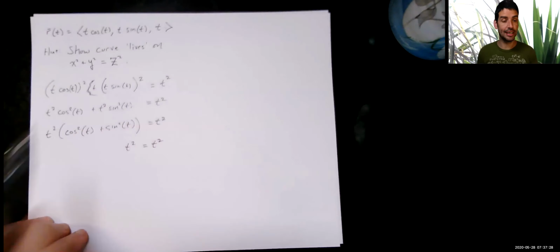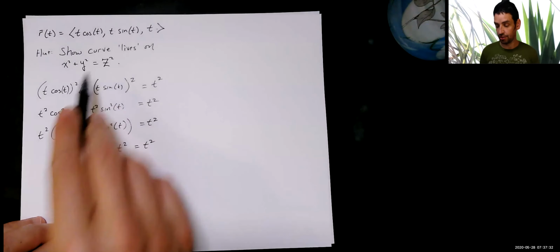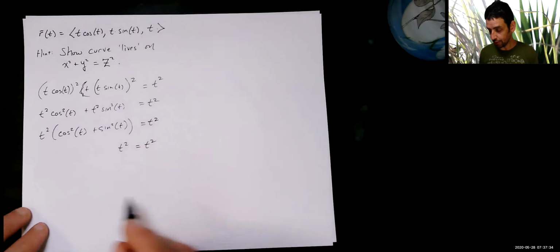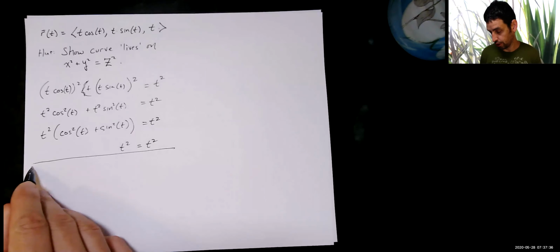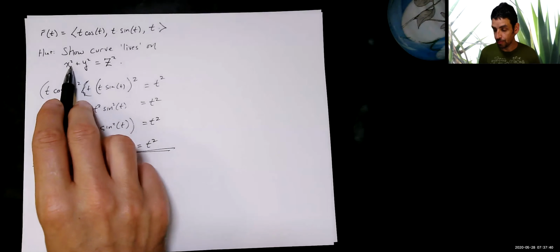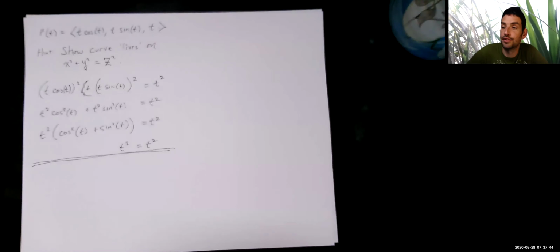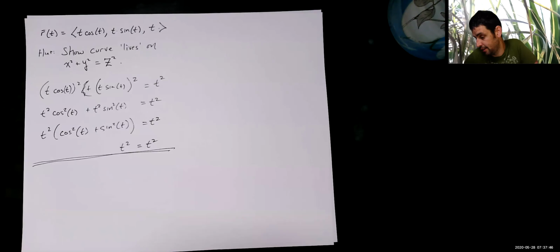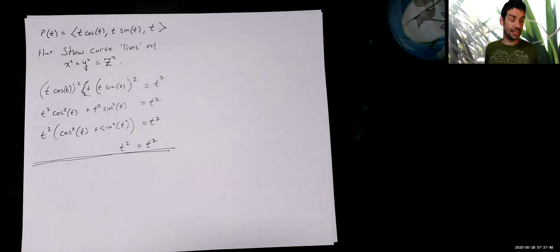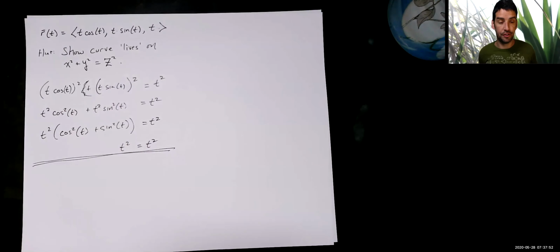So let's try to get a sense of what this surface looks like. And this surface is pretty straightforward to figure out. So one of our methods we've talked about is traces, where we imagine what happens for particular values of one of these variables, right?